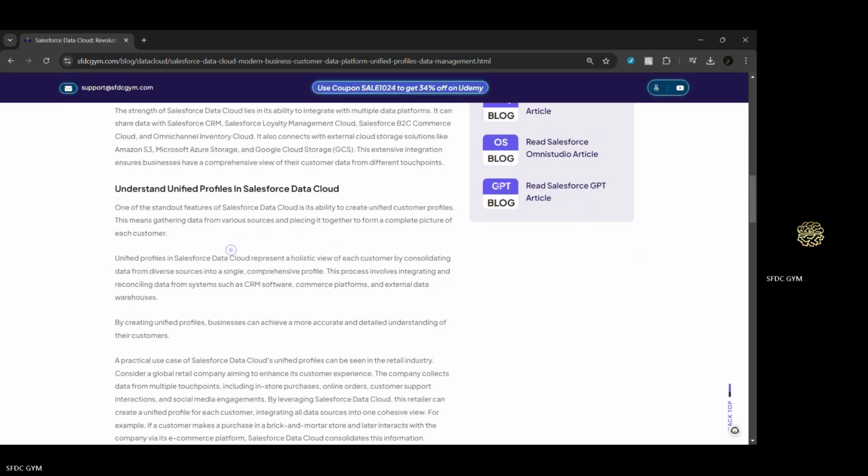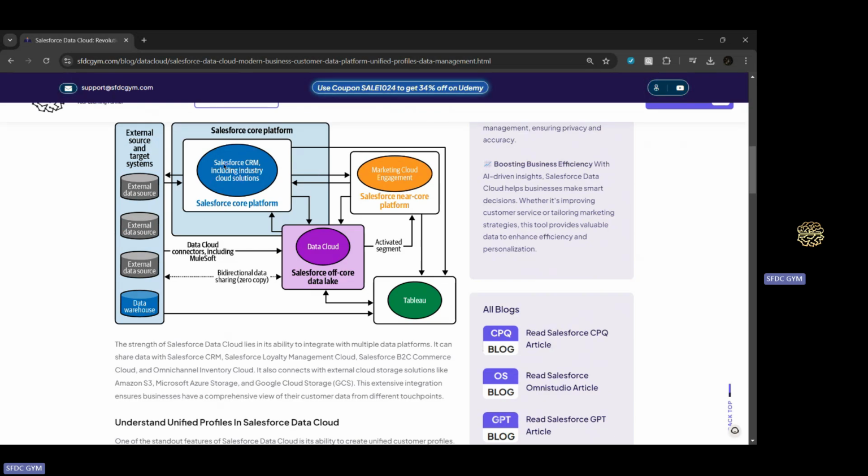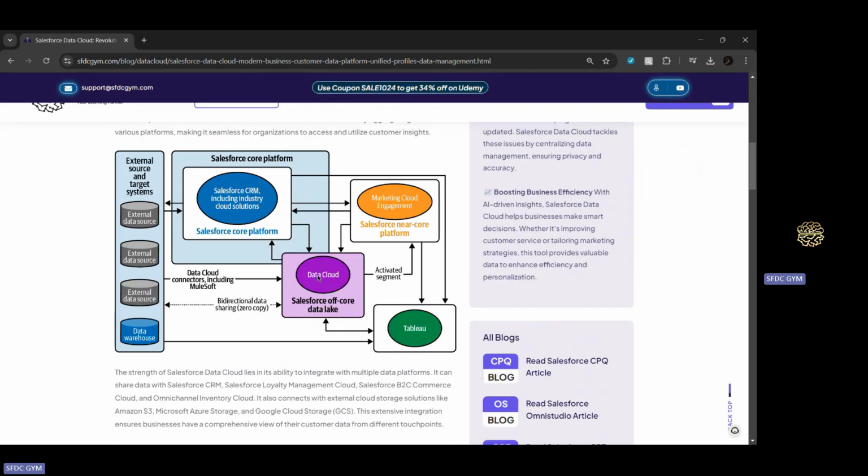Okay. The same thing is given here as well. Unified profile is one of the key features of Data Cloud because now we are not talking about data which is inside of Salesforce. We are talking about data which is in terabytes. And within that terabyte data, identifying a customer is really difficult for traditional data warehouses. But for Data Cloud, since it is using AI models, it is not that difficult to create a profile of a customer.